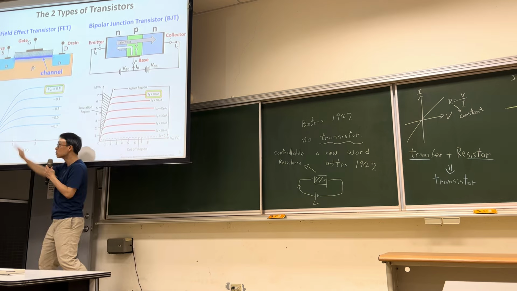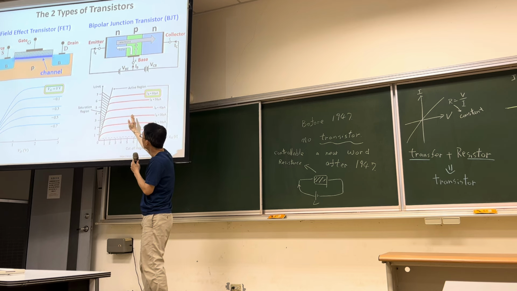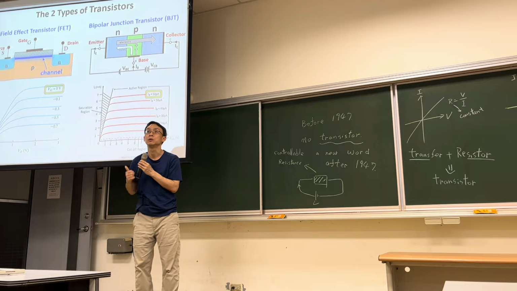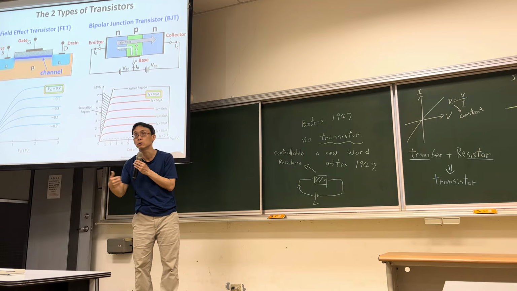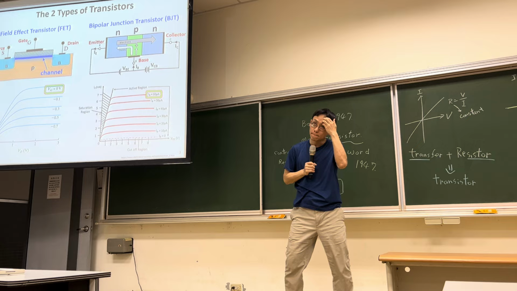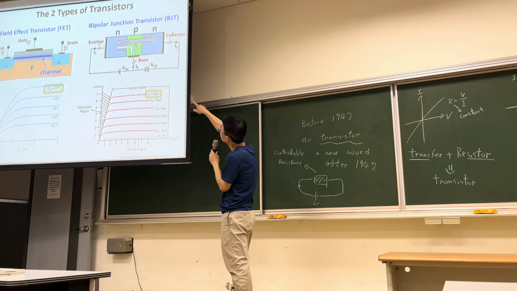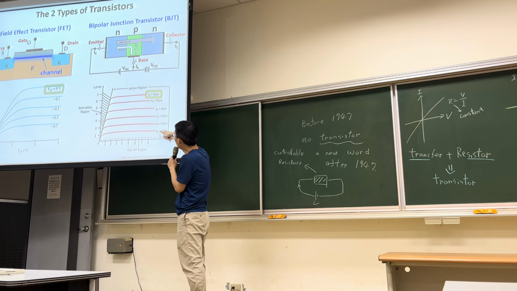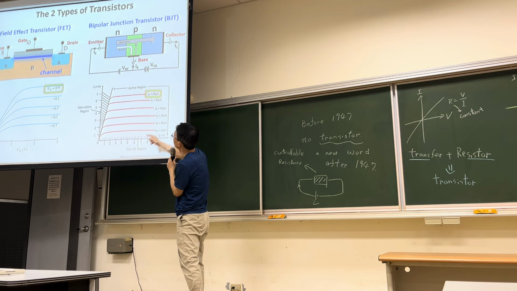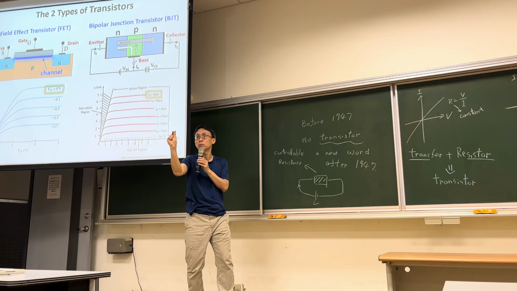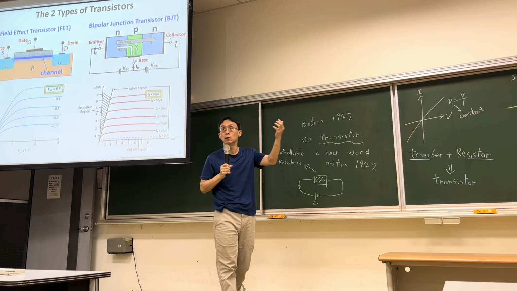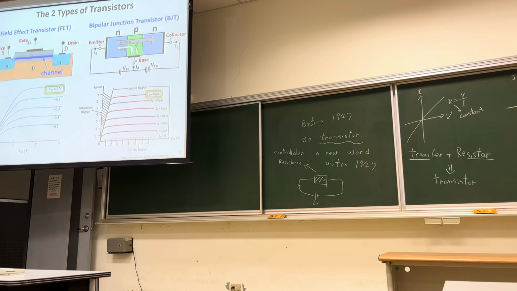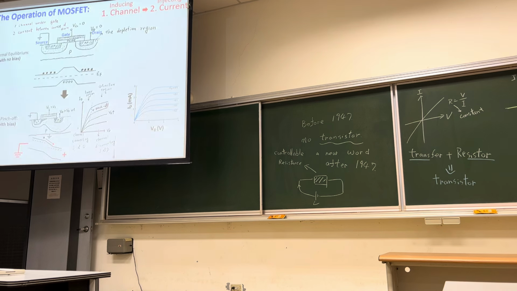We call this the active region, the region for the transistor to be used. For the BJT, you change the current between emitter and collector by applying different currents from the base, which is the layer in the middle between the emitter and the collector.